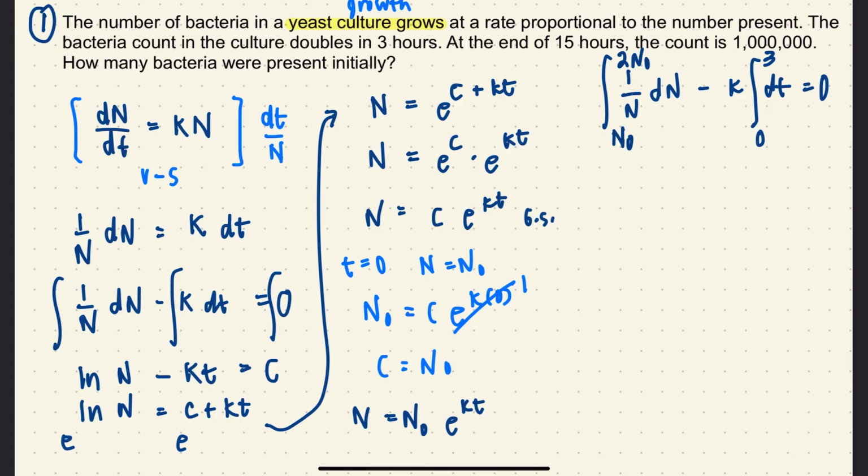From here, we can use this and solve for this one. So this becomes ln of n from n sub o to 2 n sub o, and then minus k. We can put k dt on the other side. Let's just put an equal sign there.